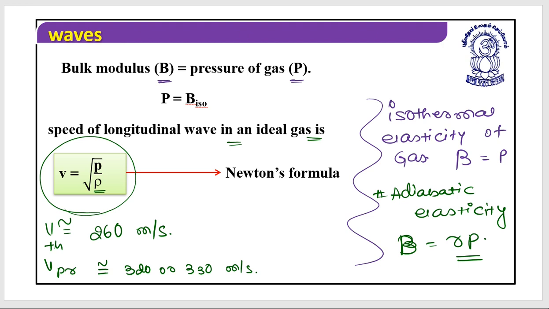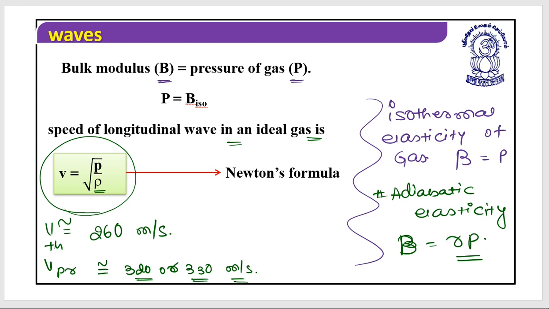So whatever Newton assumed, when we put in the data, we get approximately 250, 260 or maybe 270 meters per second, while practical observation says it should be 320 to 330 meters per second.